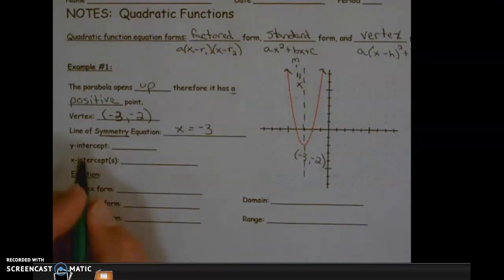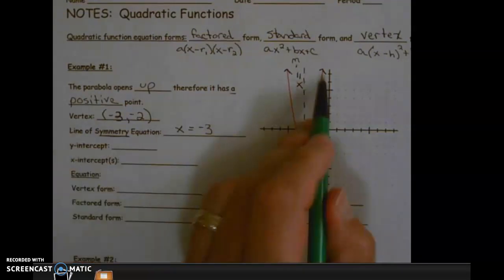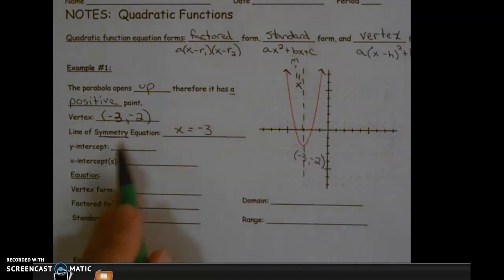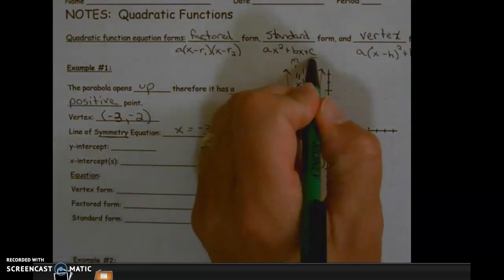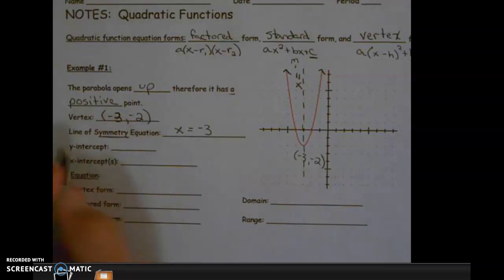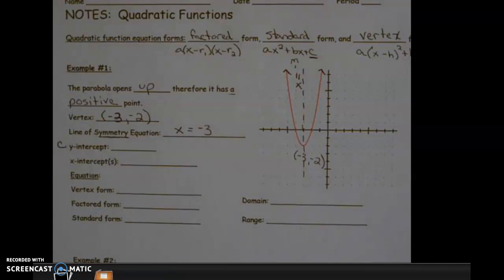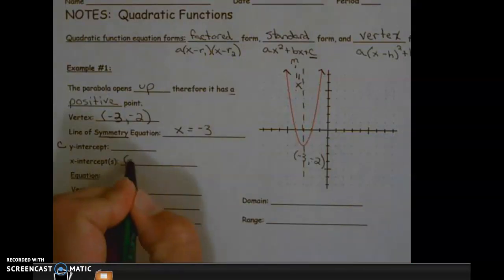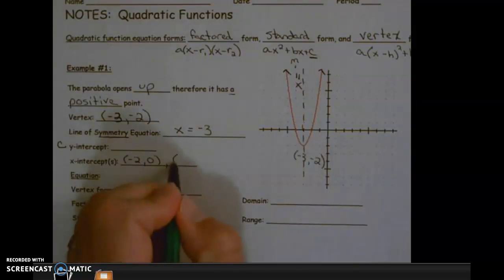Okay, y-intercept. Well, in this case, you can't see it because it's where it crosses the y-axis. So let's come back to this one later, okay? I will tell you that the c value in standard form is going to be the y-intercept, so I'm going to put a little c over here just to remind us. The x-intercepts, that's where it crosses the x-axis, so it crosses at -2 and it crosses at -4.